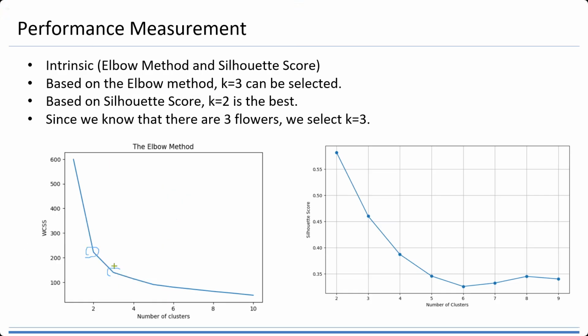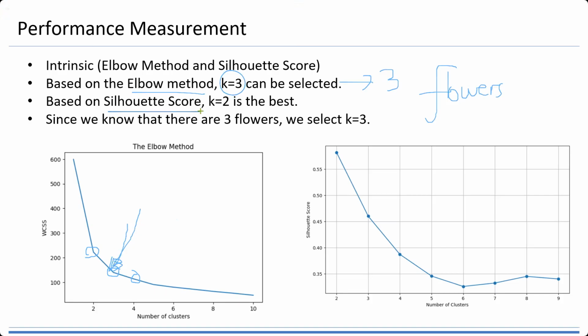It can be 2, it can be 3, it can be 4. Now we can select 3 at this moment. Why? Because we know that there are 3 flowers, and using the elbow method, it is also verified that 3 is in the elbow section.